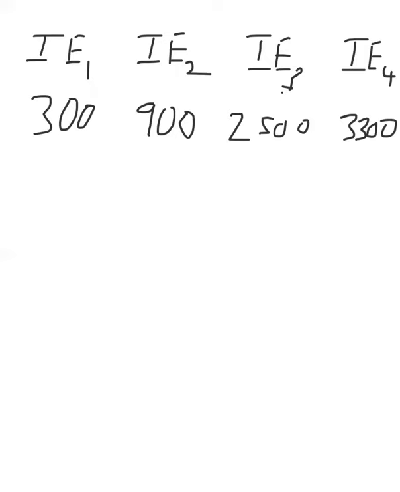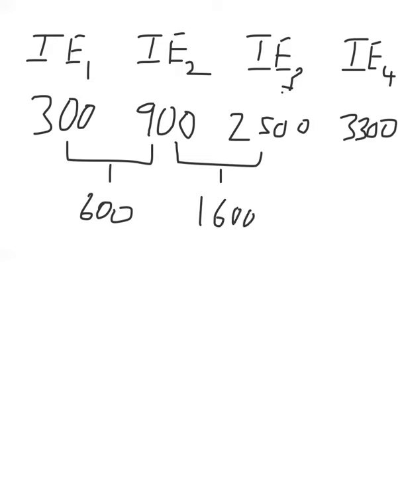So what we'll do is we'll see the difference in ionization energies. The difference between the first two is 600. Next two have a difference of 1600, I think. And the last two have a difference of 800.